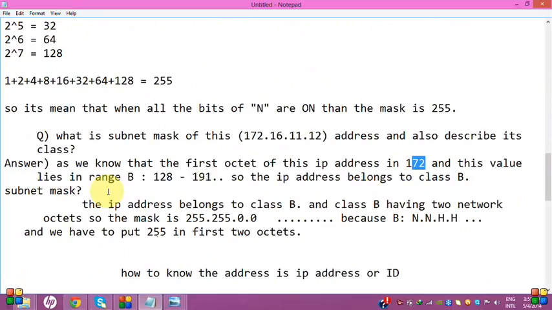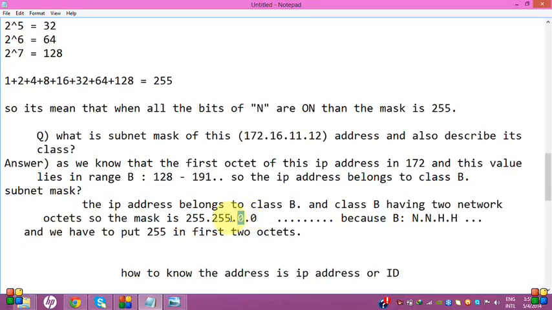The IP address belongs to class B, and class B has two network octets. So the mask is 255. We replace the network octets with 255 and the host octets with 0. Why?